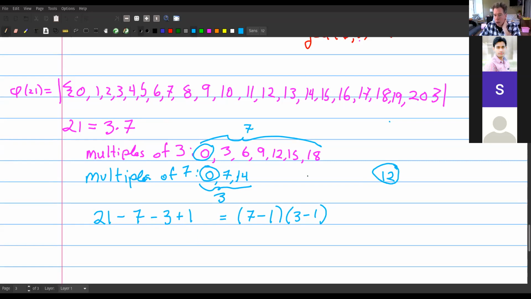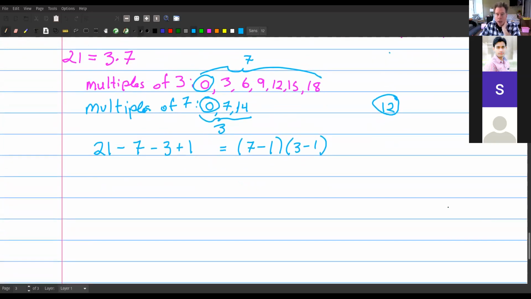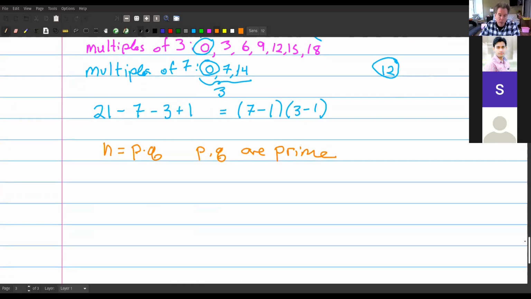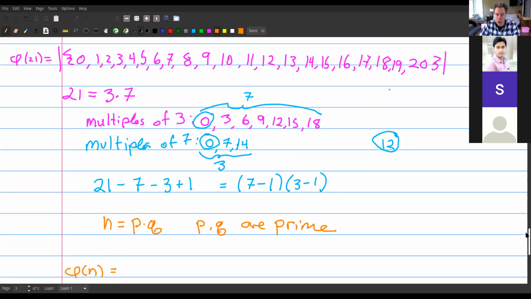But this whole argument that we just did will always happen for any number which is a product of 2 primes. And these are the numbers that we mostly care about in public key cryptography. So if n is equal to p times q, where p and q are distinct primes, then if I compute phi of n, I have to take out, what is it going to be?